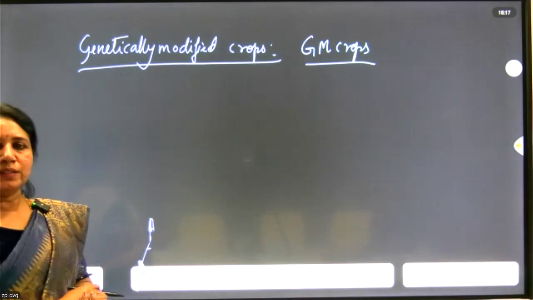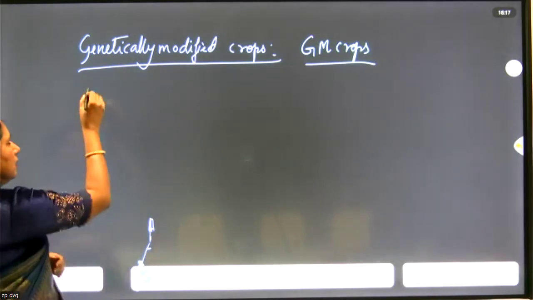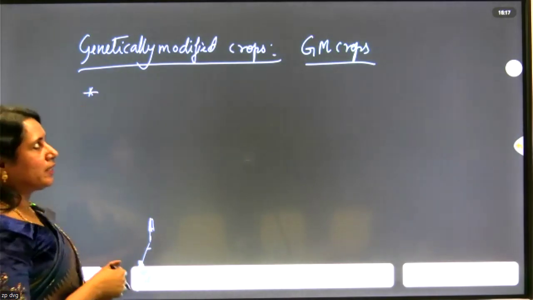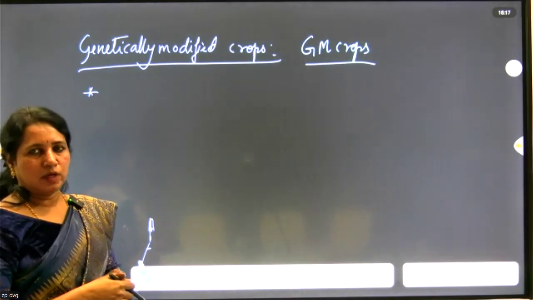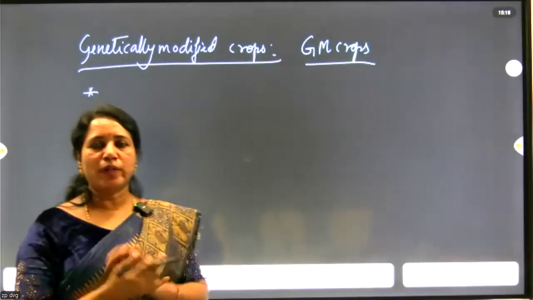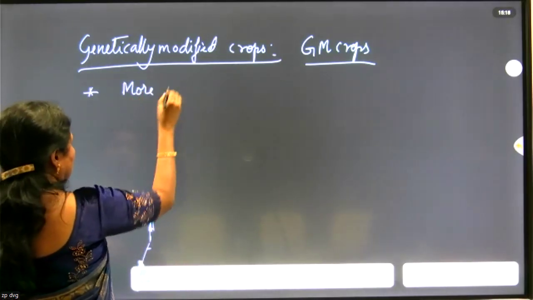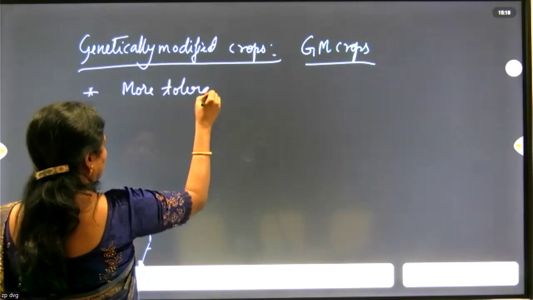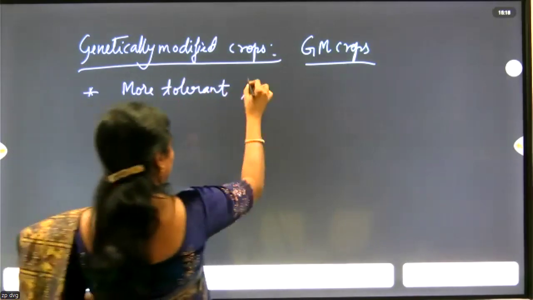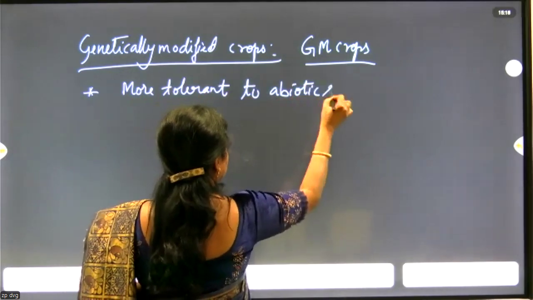Why are these GM crops used? What are the uses of genetically modified crops? Because they are more tolerant to abiotic stresses.